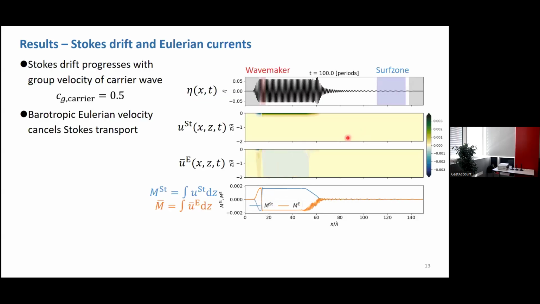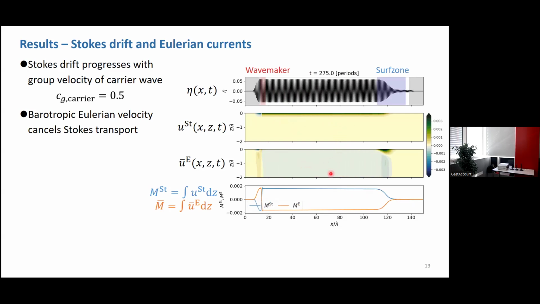So here is the current response beneath the waves. The top panel shows the surface elevation. The second panel shows the horizontal Stokes drift velocity components. The green color shows the rightward component, and the blue color shows the leftward. The third panel shows the vertical distribution of the Eulerian velocity.